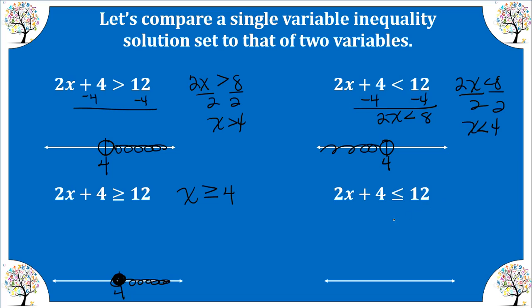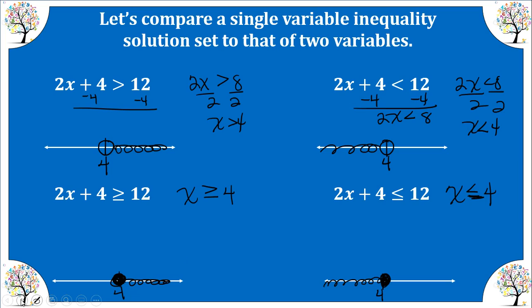Our last example, we have x is less than or equal to 4. Our boundary number 4 is still included because of the equal part, so we include the boundary number 4, and we shade to the left, the lower half.